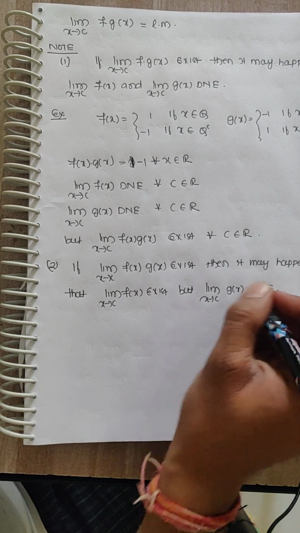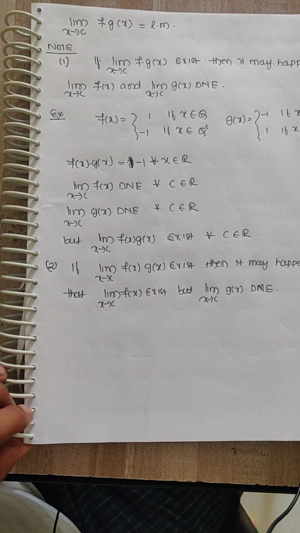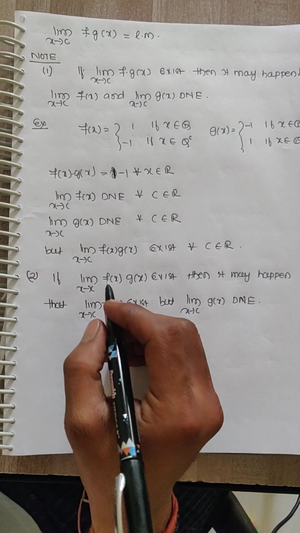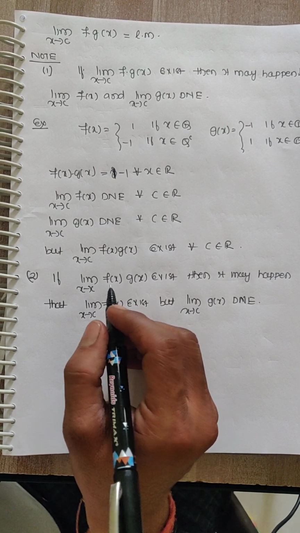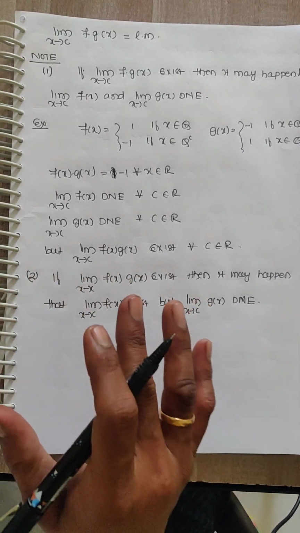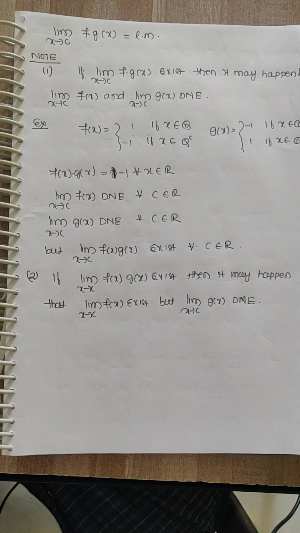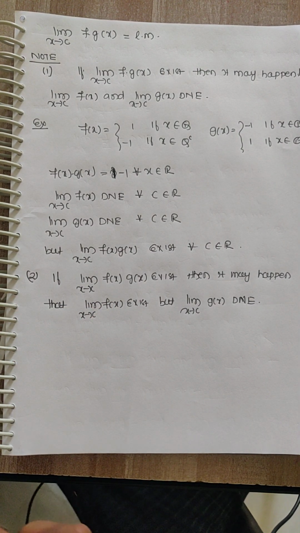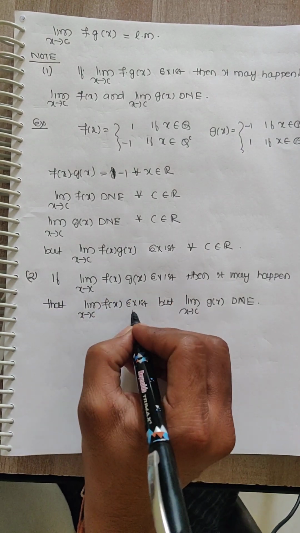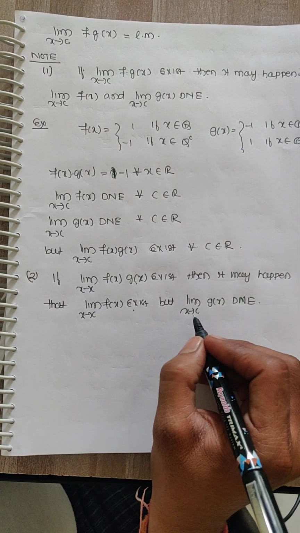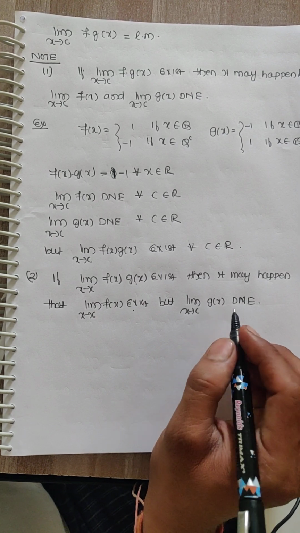Like in the last example for the algebra of addition, if f(x) plus g(x) exists, then it may not happen that one of the limits exists but another does not. But in case of multiplication, it may happen that the product of the limits exists, one of the limits exists, and then g(x) does not exist.